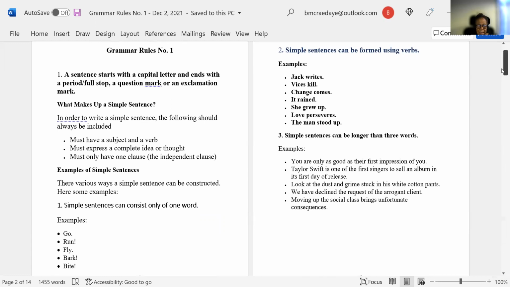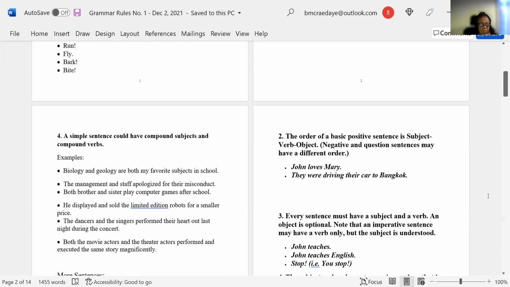Now let's look at number 4. These are characteristics of simple sentences. A simple sentence could have compound subjects and compound verbs. That means the subject has more than one reference, and the compound verb then must match the compound subjects. Example: Biology and geology are both my favorite subjects in school.